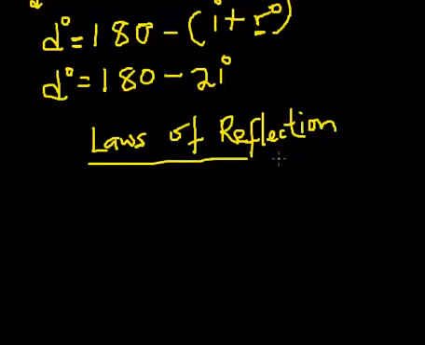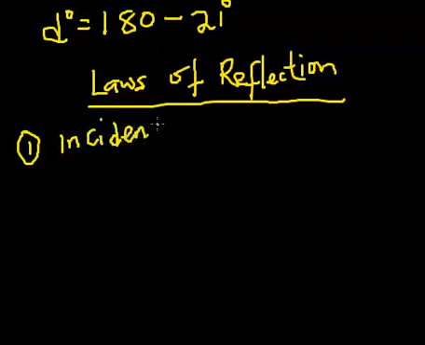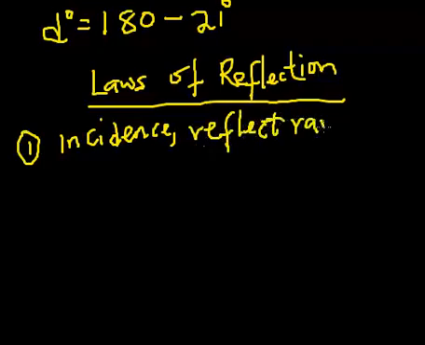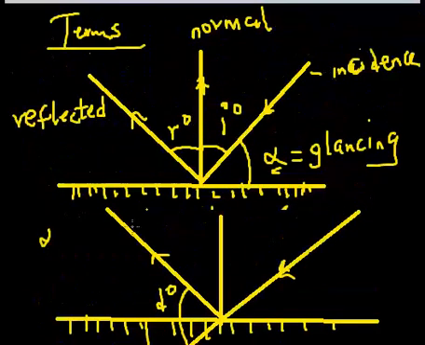Number one law of reflection: there are two laws. Number one states that the incident ray, the reflected ray, and the normal, all these lines, they all lie on the same plane.